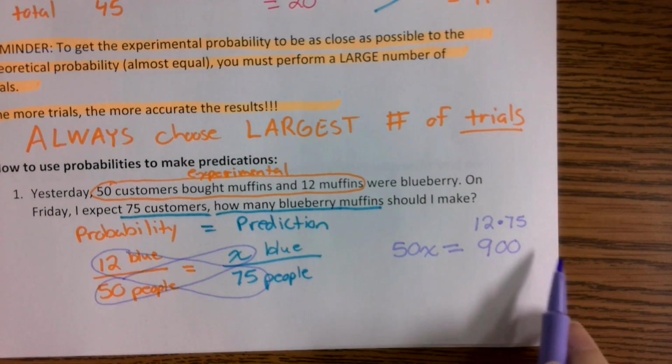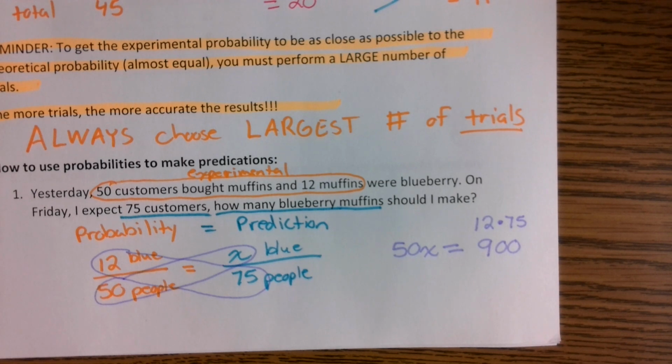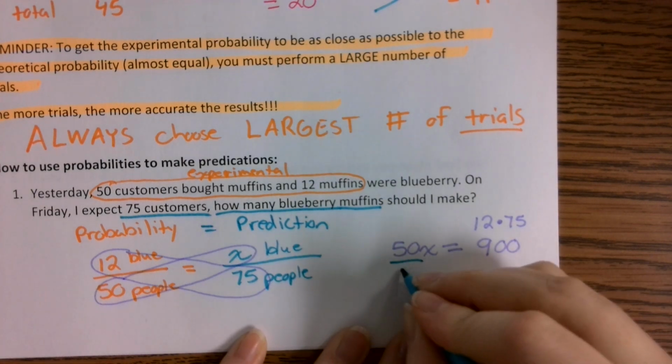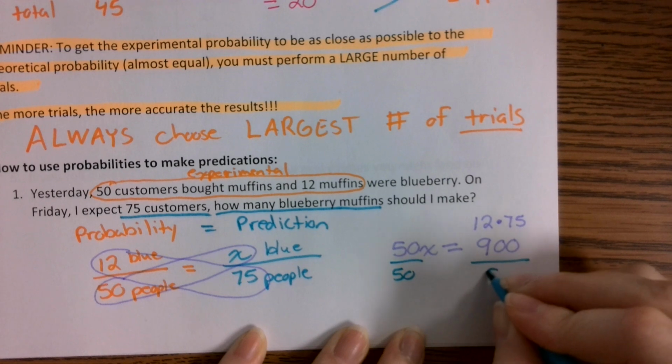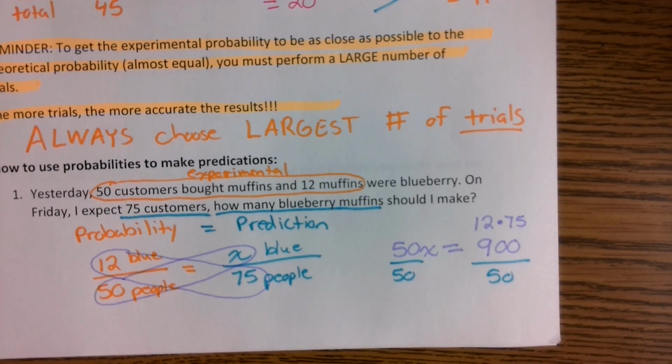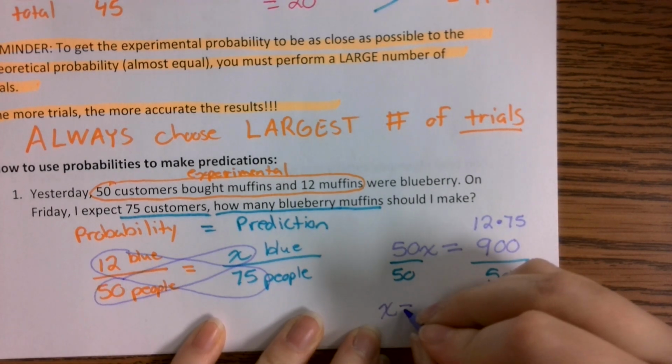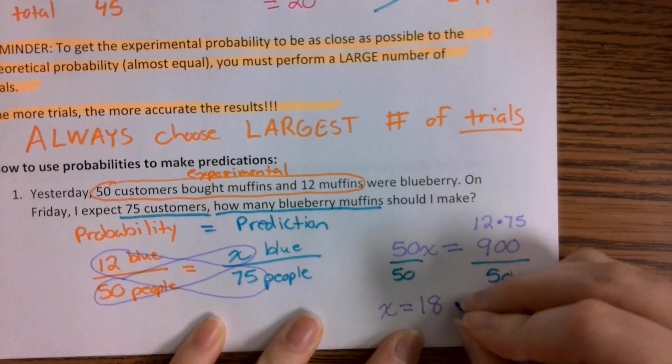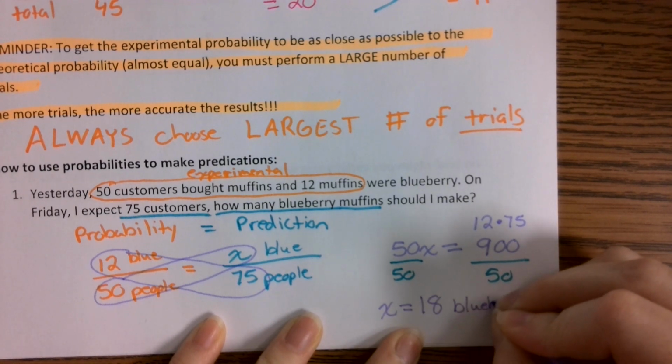So we have 50X is equal to 900. We then would just divide both sides by 50, and we can predict that we're going to need roughly around 18 blueberry muffins.